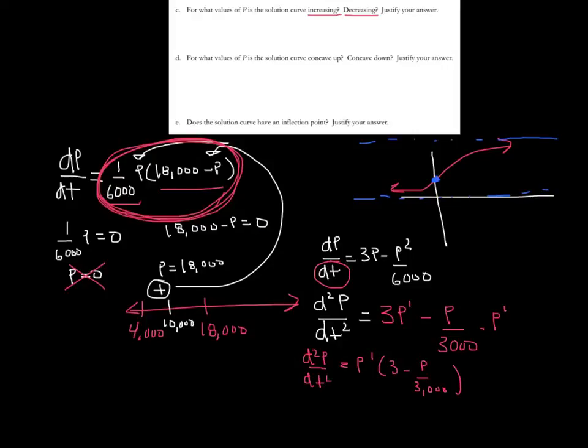Okay, so now if we set this factor equal to 0, we get an inflection point, not a critical point. We get an inflection point of p equals 9,000. All right, so p equals 9,000.